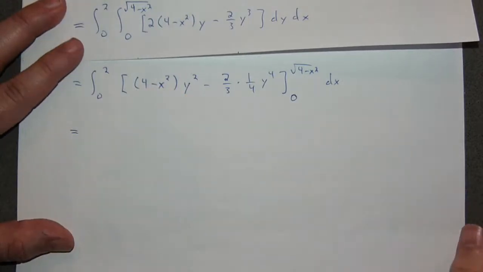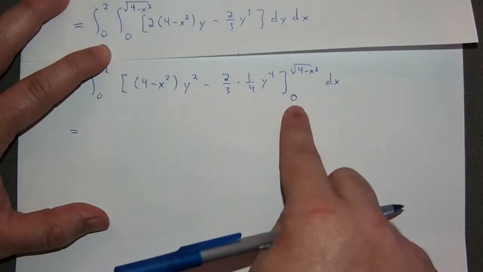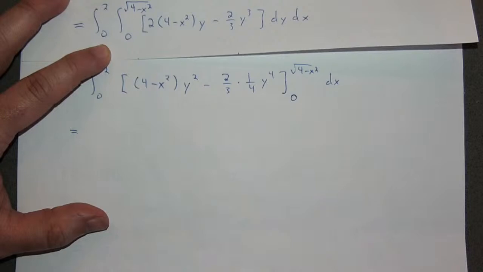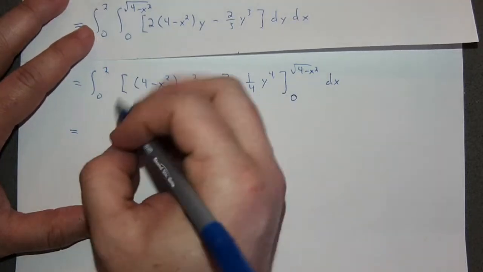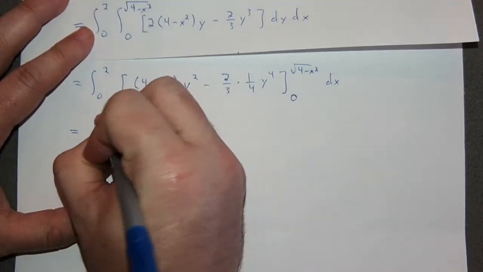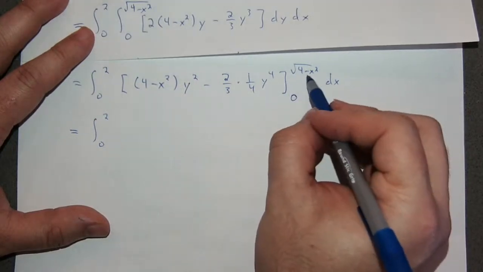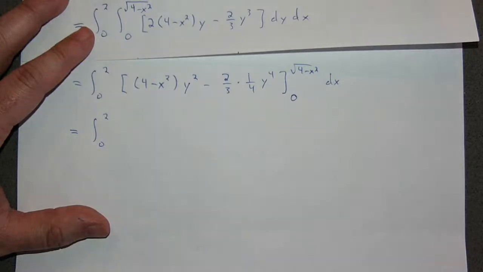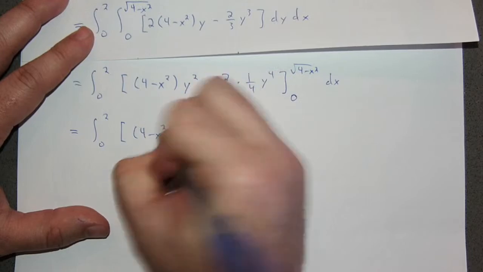So what do I get here? Both of these have a y in them, so evaluating at 0, I get 0. Plugging in square root of 4 minus x squared, I get 4 minus x squared.